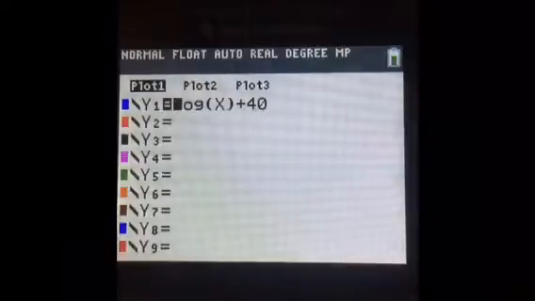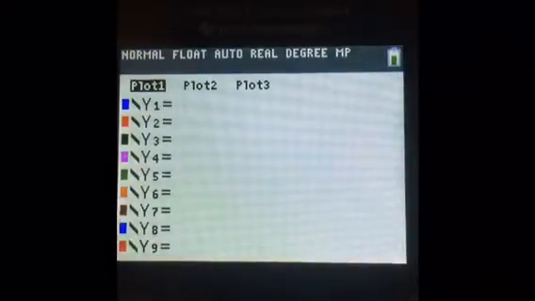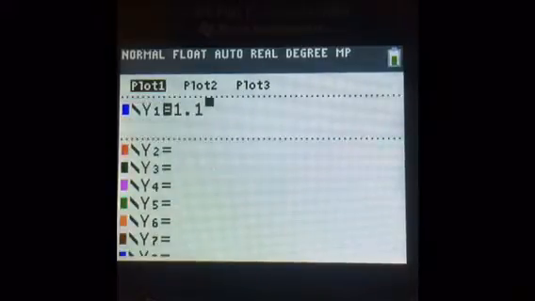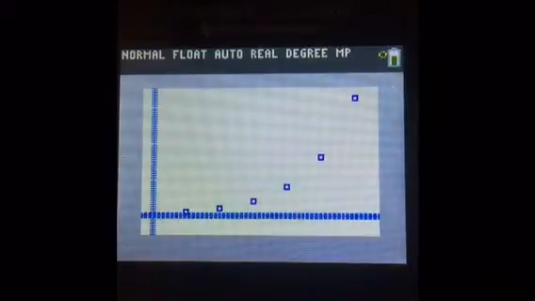So this time we're going to go with an exponential with 1.1 to the x graph. Now this line looks like our data set.